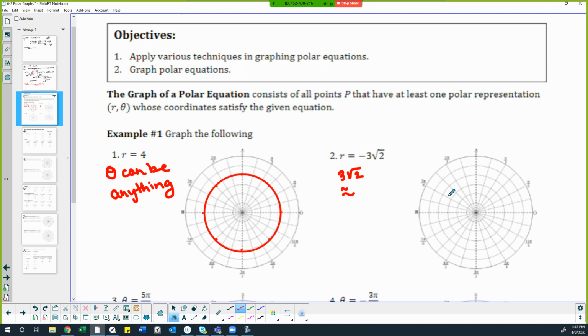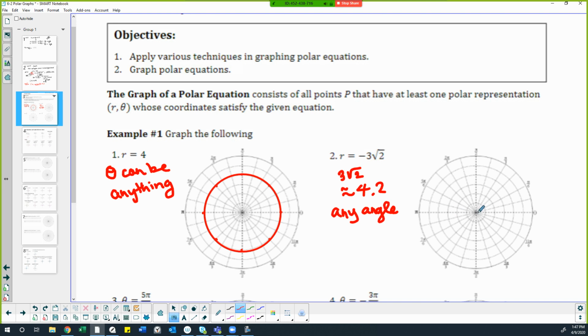I think it's less than that. It's actually 4.2. Yeah, okay. So it's approximately 4.2, but it's negative. So that means for any angle we choose, we go backwards, technically. It doesn't really make a difference in what the picture actually looks like.